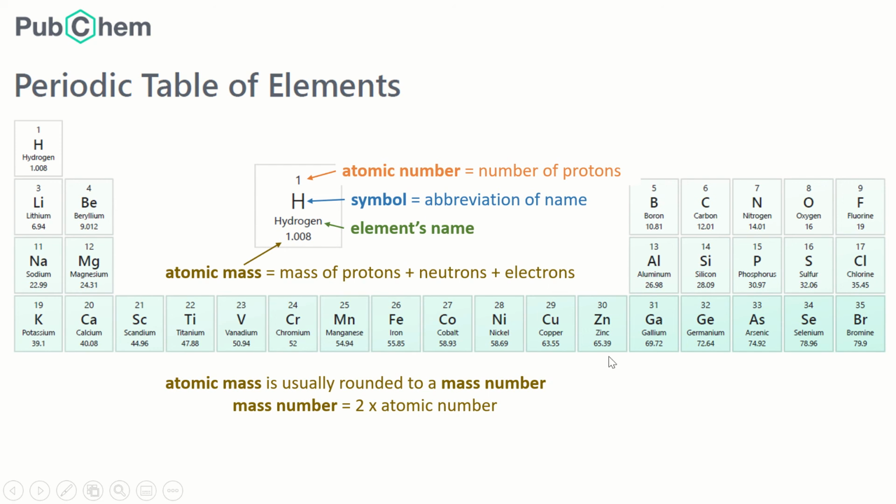Now, except for hydrogen, normally the atomic mass is twice the atomic number plus a tiny little bit, because remember, there's protons plus neutrons, and the protons and the neutrons have about the same mass, and then the electrons are kind of tiny. So for carbon, which has an atomic number of 6, the atomic mass is 12, so 2 times 6.